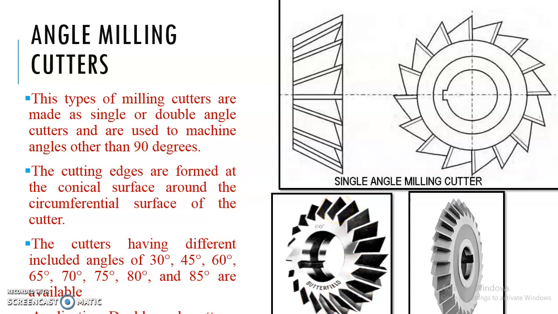Various included angles can be provided: 30, 45, 60, up to 85 degrees, the inclination given to the cutting edges. They are available in the market, but are useful only for producing inclined surfaces, and a very specific application is to produce a V groove using this angle milling cutter.